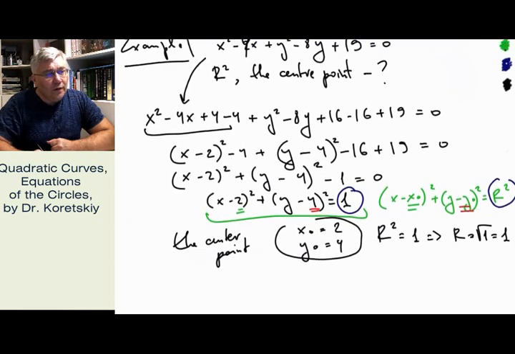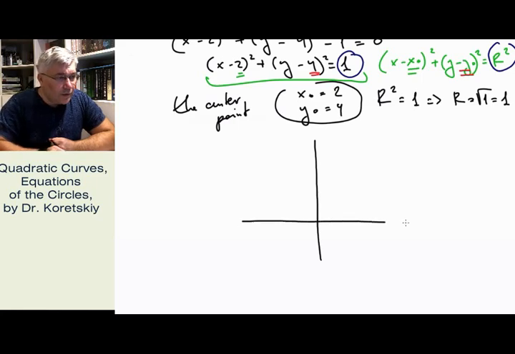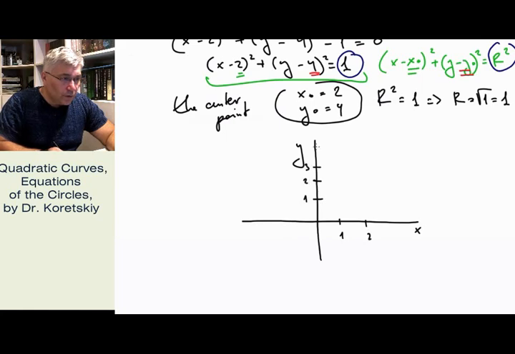I can make very schematically this situation and try to draw this circle, if you don't mind. I have x, y coordinate system. On the axes, 1, 2, and 0, y 1, 2, 3, 4.